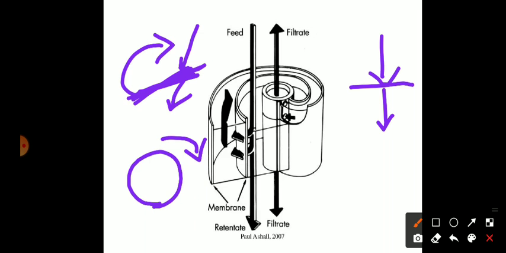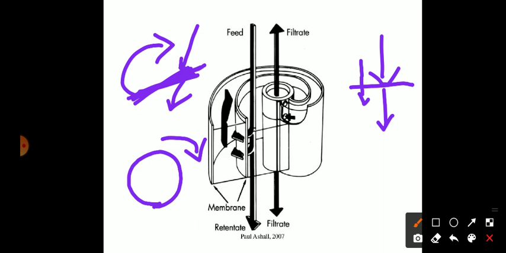Now what will this membrane do? The membrane is only permitting particles whose size is below the considered membrane size. That means the particle has a size less than the membrane we have considered.